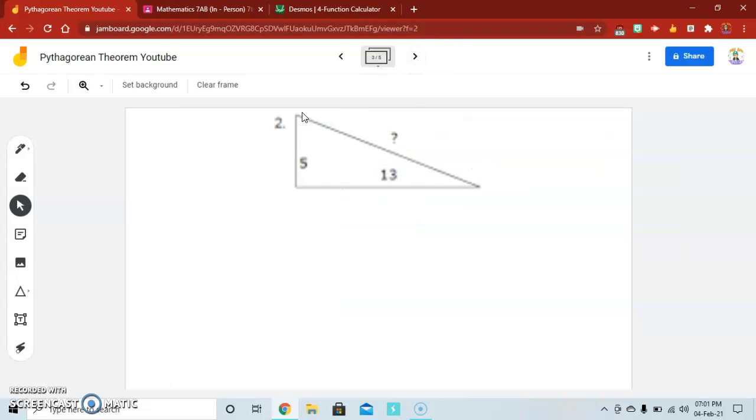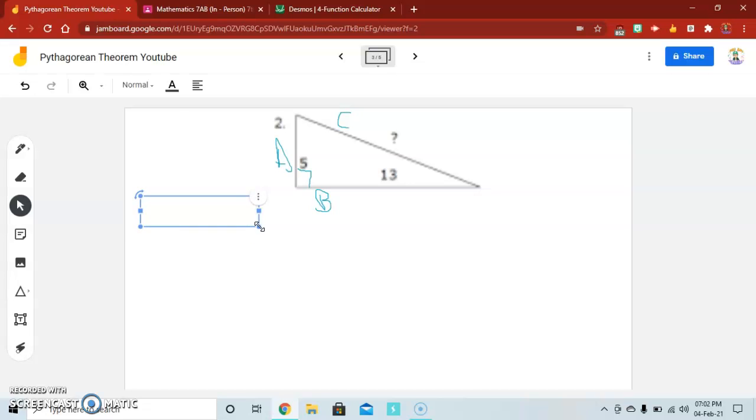Now we're going to do the hypotenuse, which was the one I was wrong in the first one. This is A and this is B. Remember that this is a right triangle, just to let you know. Now we're going to type in the formula.